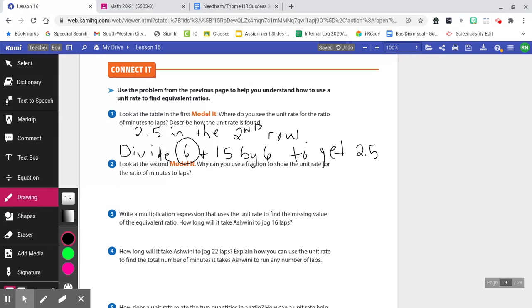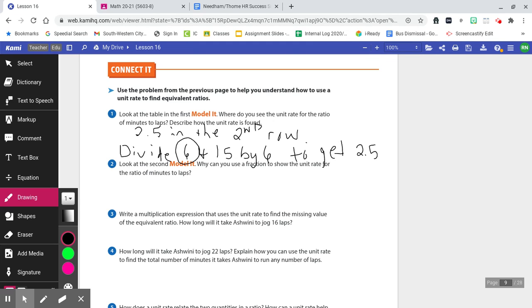Number 2, look at the second model it. Why can you use a fraction to show the unit rate for the ratio of minutes to laps? Why don't you stop, answer the question, and then come back. You divide the numbers in a ratio to find the unit rate. A fraction shows the division of the numerator and the denominator.